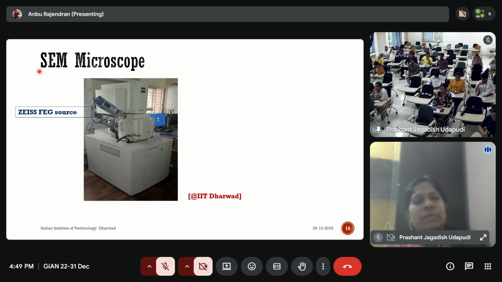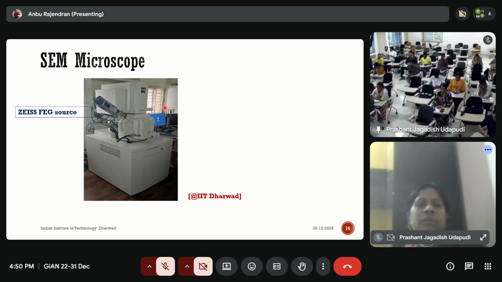So yes, SEM fulfills that need to look at features at a higher magnification. SEM can magnify samples up to 5 lakhs also. Standard SEMs are available which can magnify up to 2 lakhs without compromising resolution.